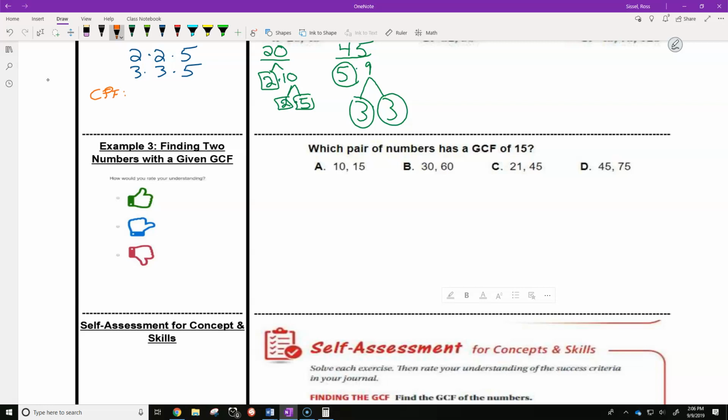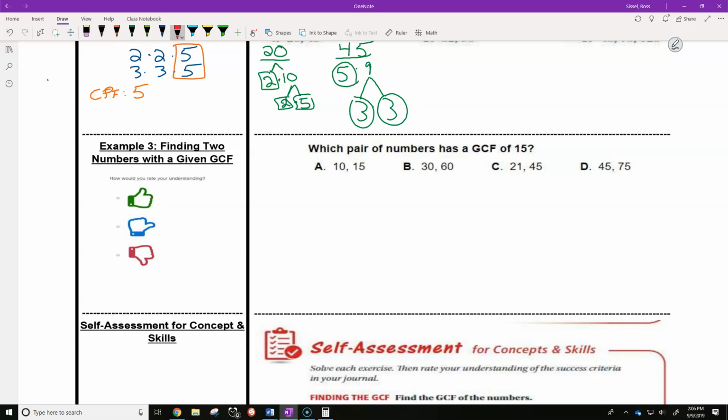Let me help you. Here are my prime factors. 2 times 2 times 5. 3 times 3 times 5. Now, if I do this 2, is there another 2 that matches up with it below? Okay, there's the 5. So we circle the 5s, which means I have a 5.